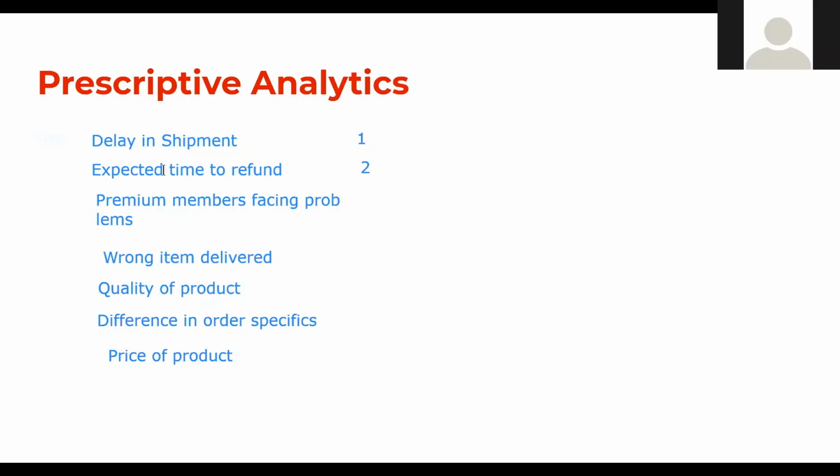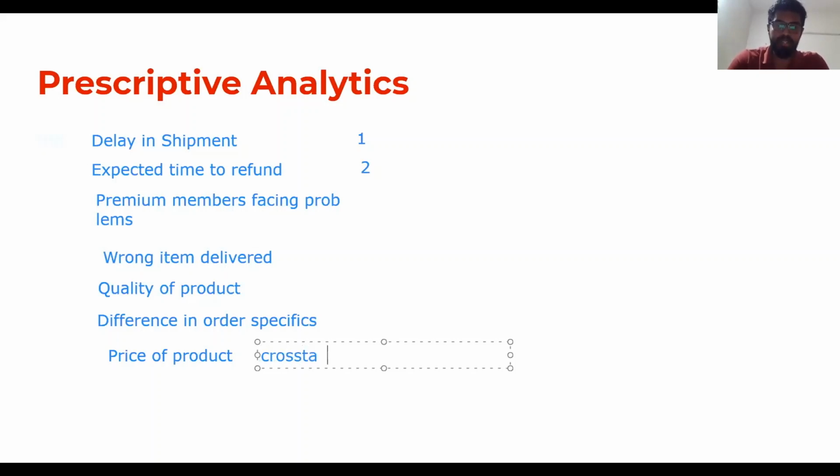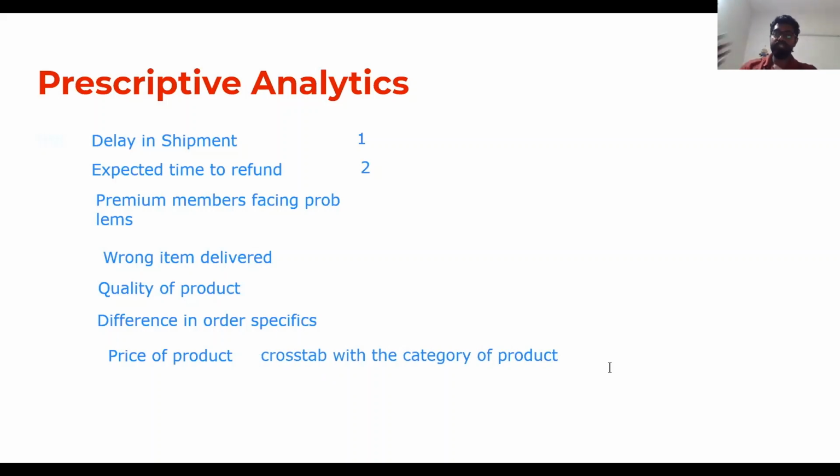Yes, sure, definitely there is a difference. So when you look at the price of a product, it would be worthwhile to look at it as a cross tab with the category. You need to think as a customer. If a 600 rupee cell phone goes bad, I don't care.